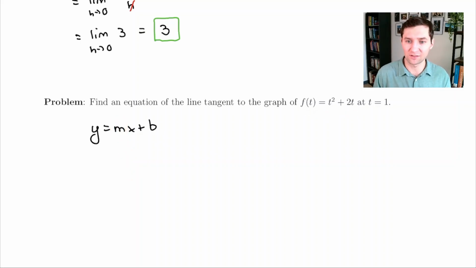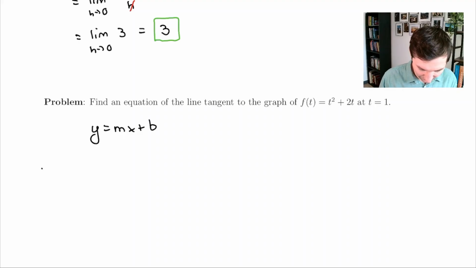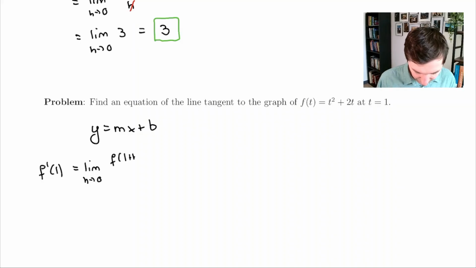So to compute the slope of the tangent line, I will compute the derivative of f at t equal to 1. So I will use maybe the second limit definition of the derivative, and I get f prime of 1 equals the limit as h goes to 0 of f of 1 plus h minus f of 1 divided by h.